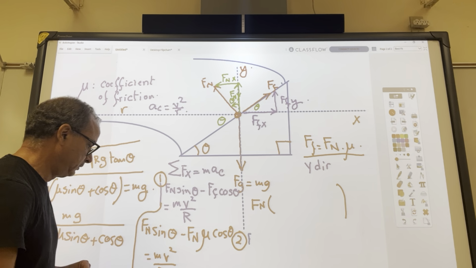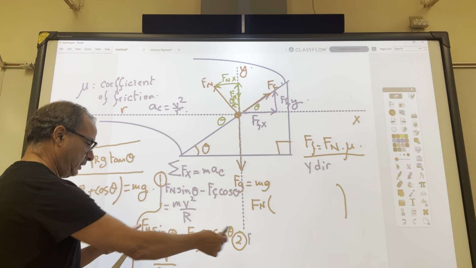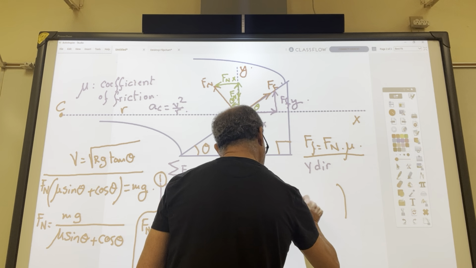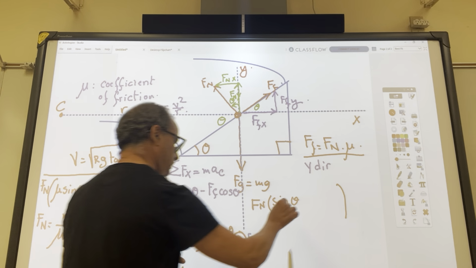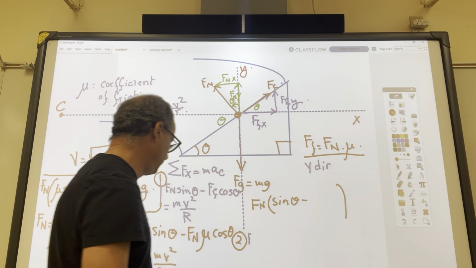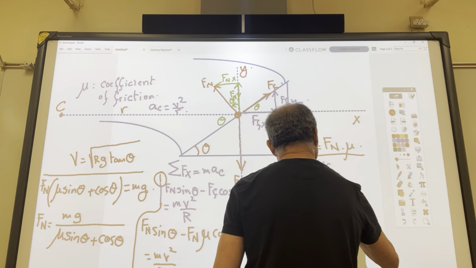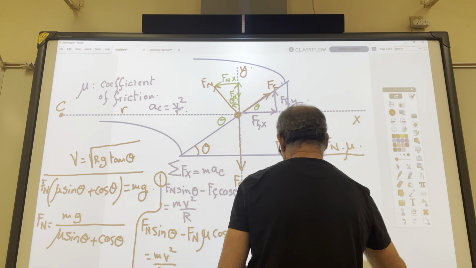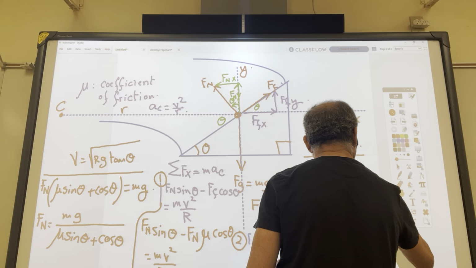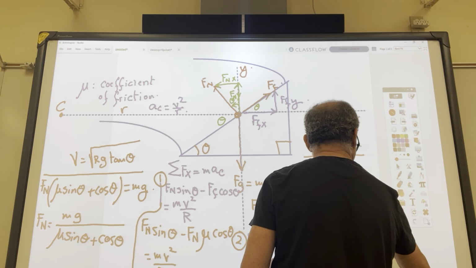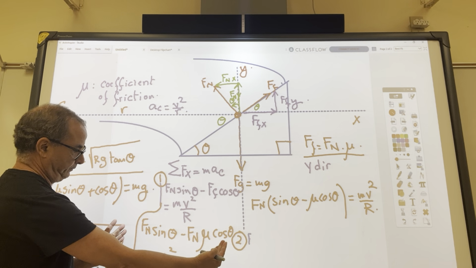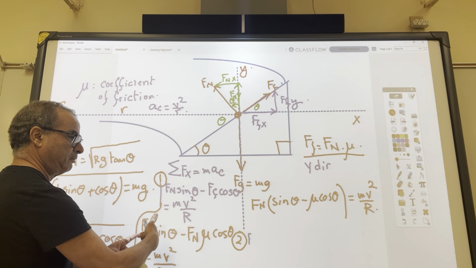It's all algebra. Inside, I'm going to have sine theta minus mu cosine theta, because the Fn is out, equals mv squared over r. All I did is put the Fn out.